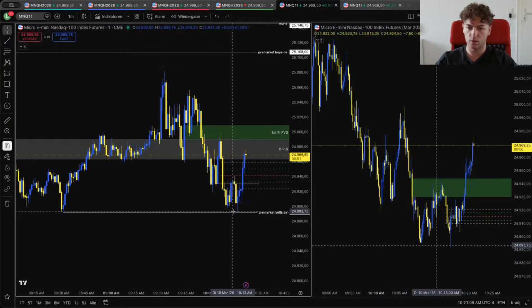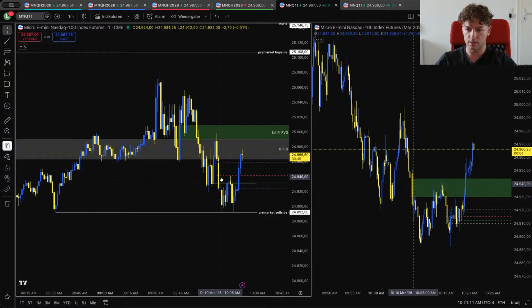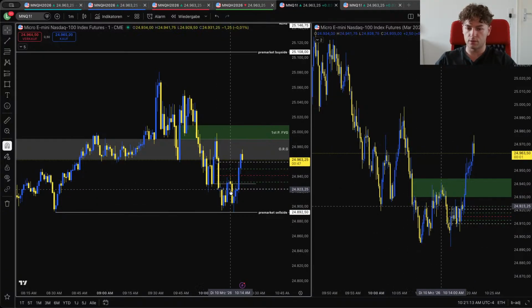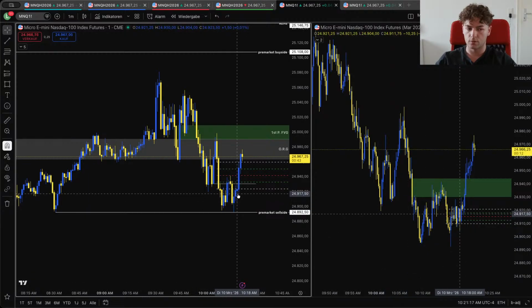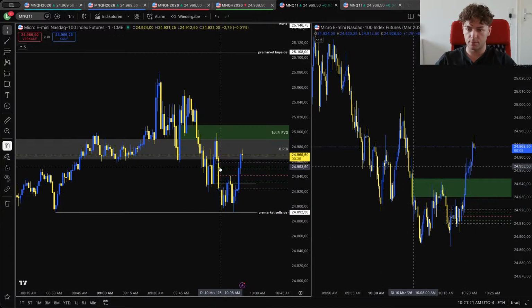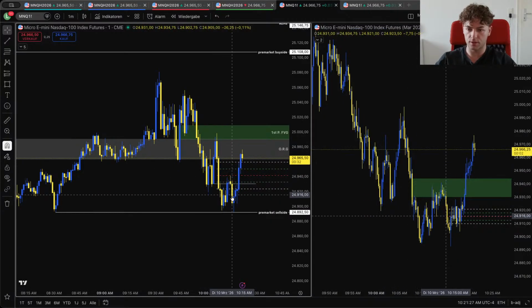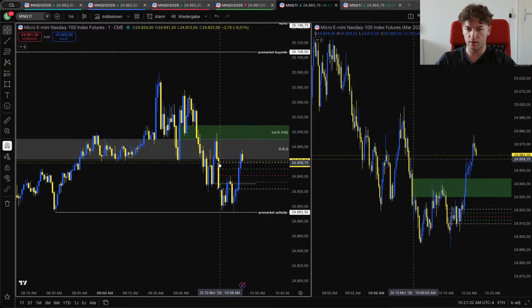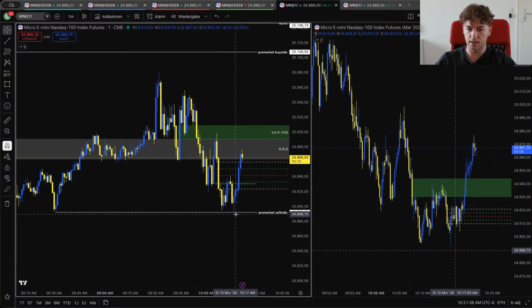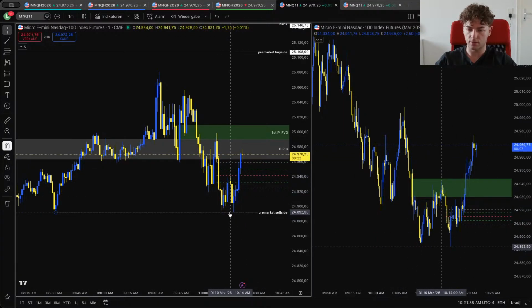Basically what ICT was saying is if a sell side gets taken out, that fair value gap should be partially unfilled. Okay, so it was unfilled here, price traded down lower, but hasn't taken out sell side. Now we traded above and completely filled in this fair value gap, and the sell side still hasn't been taken out.